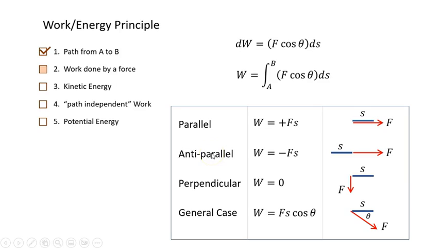The anti-parallel case is theta is 180 degrees, and the perpendicular case is theta is 90 degrees. So we now know what work is. Essentially force times distance, but being careful to consider tangential component of force and realizing that work can be negative if that tangential force component is in the direction opposite of the distance traveled.